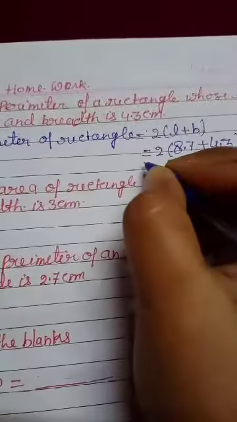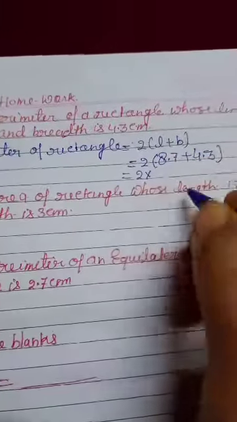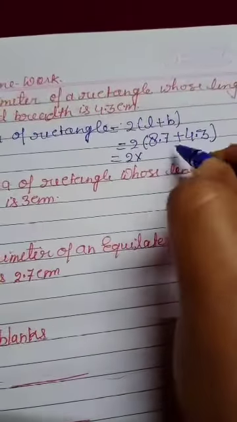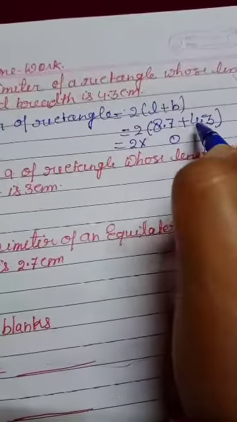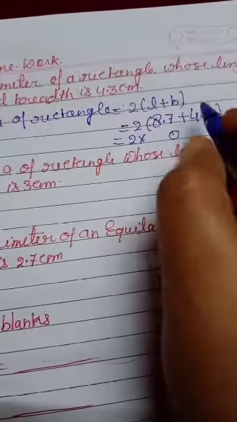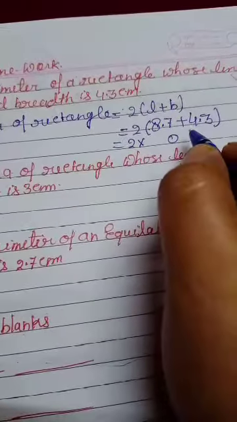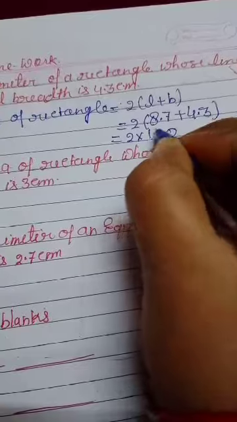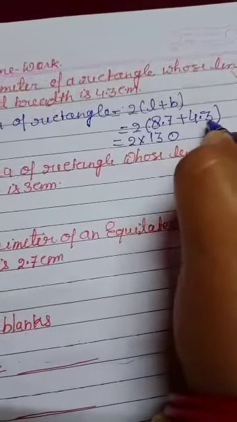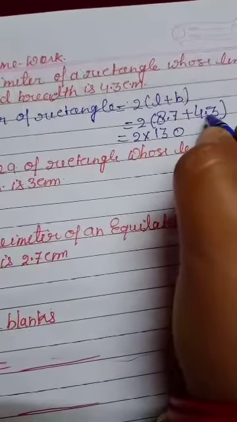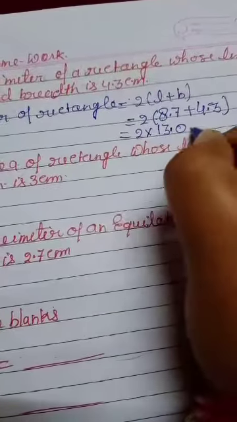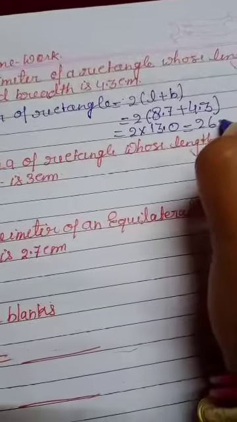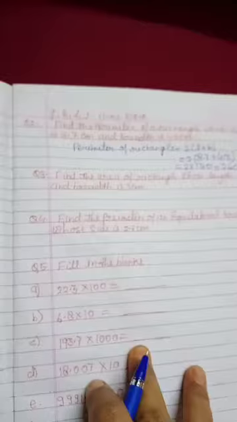Now you add them, is equal to 2 into, 7 plus 3 is 10, carry 1, 4 plus 1 is 5, and 5 plus 8 is 13. After how many places do you have to put the decimal? Because it is addition, after one place we will put the decimal. So 13 into 2, 26 centimeter will be its perimeter. So simply you can do these kinds of questions.